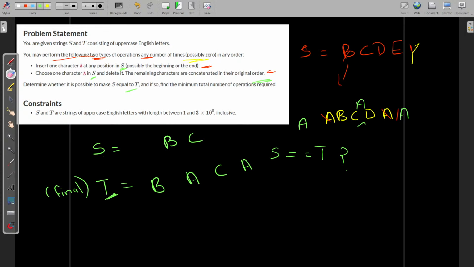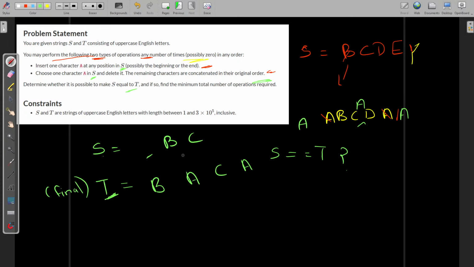If we have to make S equal to T, then surely it will be possible this way, right? First, erase all occurrences of A and then only insert A wherever it's required. And then string S should be equal to T. And if it's not equal, then we can say it's totally not possible. I will explain this in depth, but for now, my logic is I will erase all occurrences of A and insert A wherever it is required. So here there was an A which I erased.